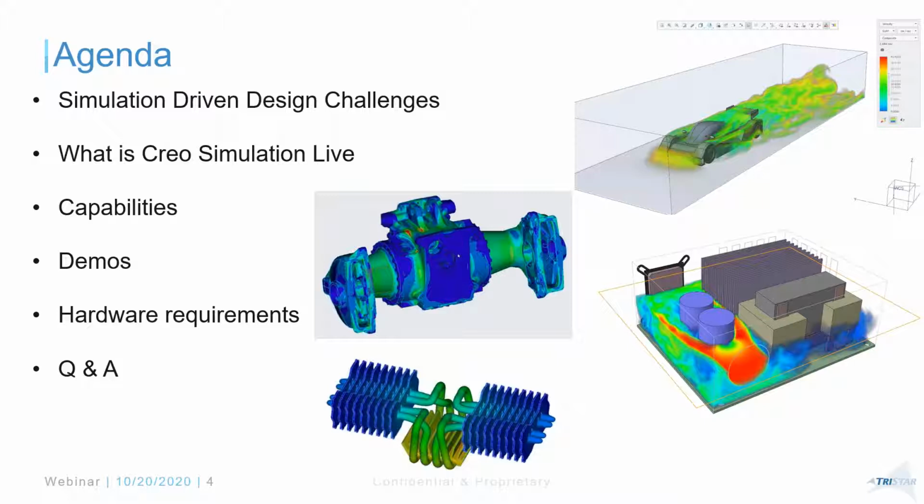So I wanted to go over some of the simulation-driven design challenges we have with the current product development process that many companies use, and then how Creo Simulation helps make it a truly simulation-driven design process. We'll go over the capabilities, show you some examples in the time we have, also go over some hardware requirements, and wrap it up with the Q&A session towards the end, where you can start typing in your questions in the questions area.